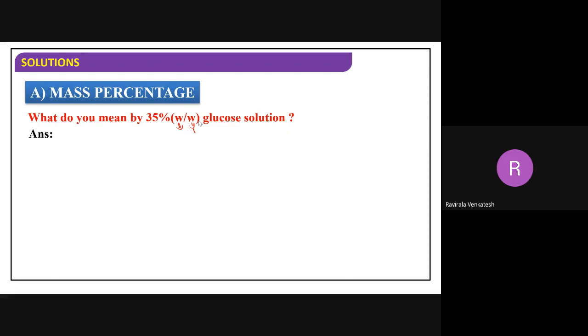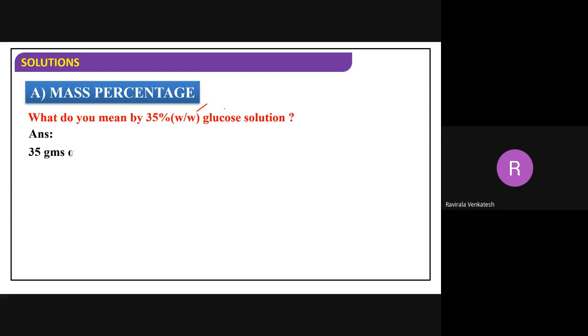Solute must be in grams, and solution also must be in grams. Understood? Now, glucose solution is in liquid state, but you can also measure it in the form of solid state in the W by W method. Generally, for glucose solution we don't use this method because it is in liquid state, but when you are doing the calculation, we can do it like this.